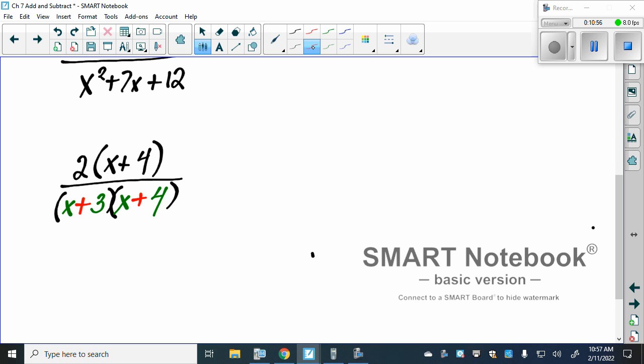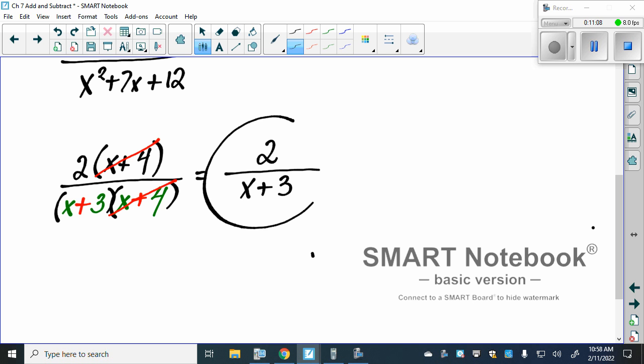Well, we do have something in common on top and bottom. So the x plus 4 and x plus 4 would cancel, leaving us with what? 2 over x plus 3. And that'd be it.